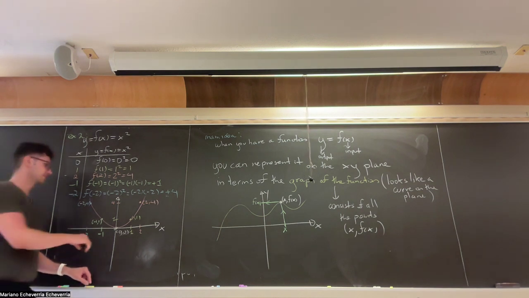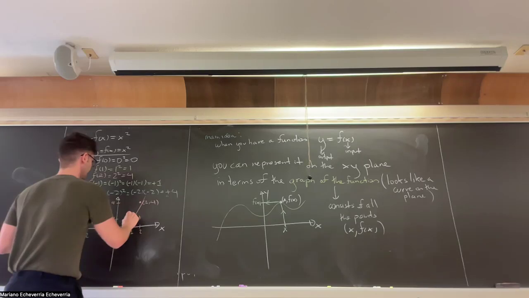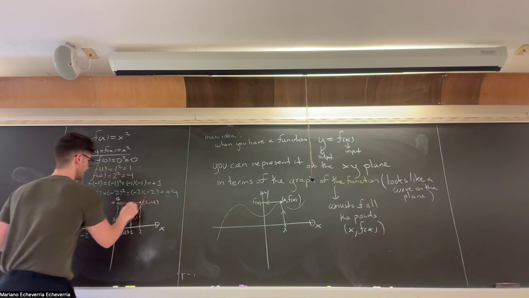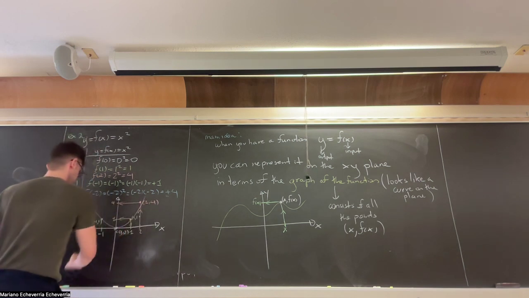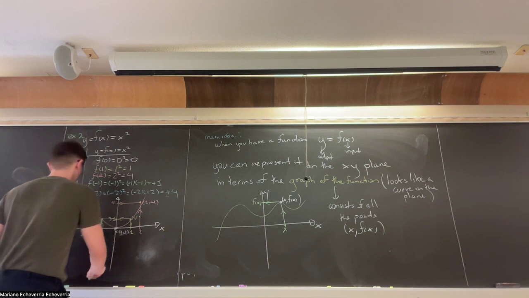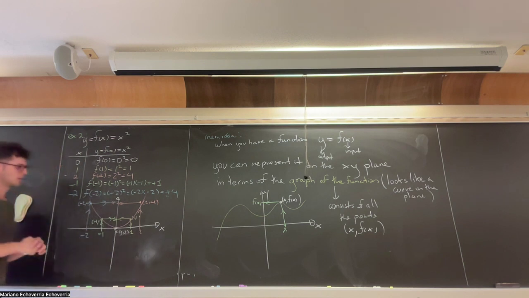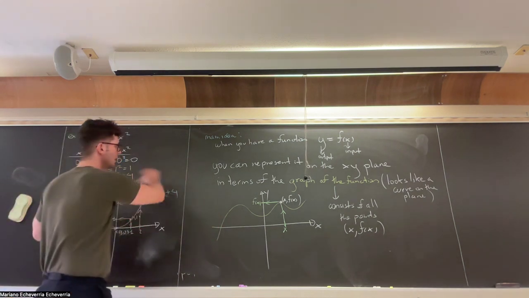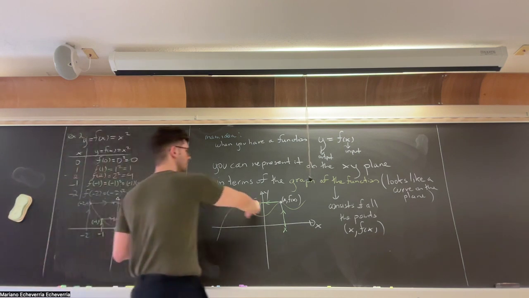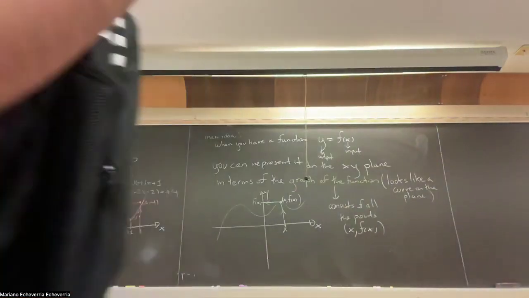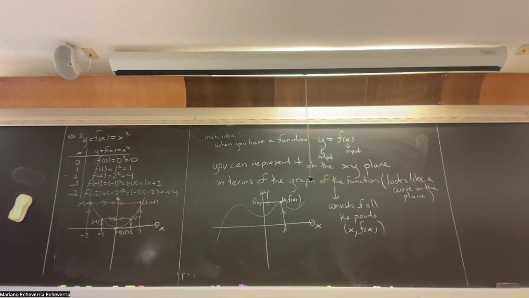Once I have the graph, I can do these arrows. And when I draw something like this, you get these curves. The point is that not every curve that you draw on the plane would represent the graph of a function.